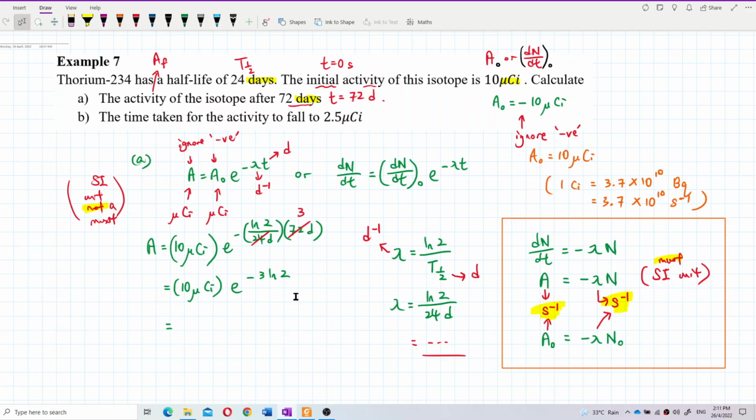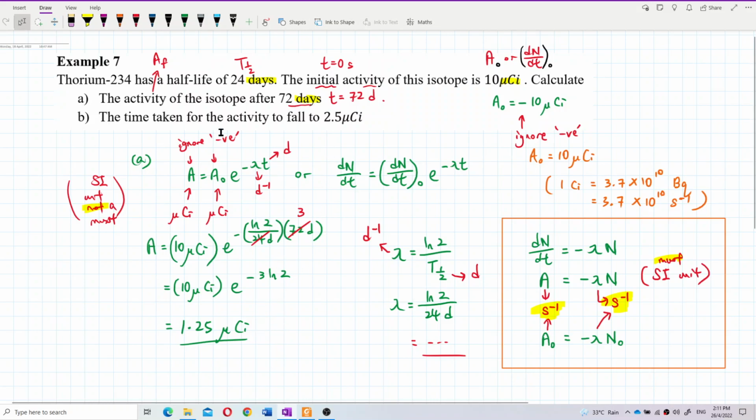I got this, and then I multiply by 10 microcurie. So my activity is 1.25 microcurie. That's my final activity after 72 days.